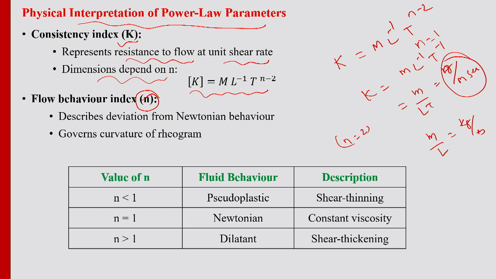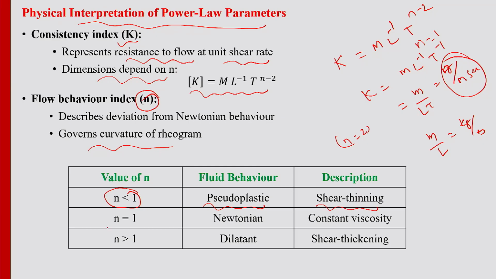It describes, as we have discussed many times, whether the fluid is Newtonian or non-Newtonian, and it also governs the curvature of the rheogram. If n is less than 1, it is a pseudoplastic, which we always call shear thinning.